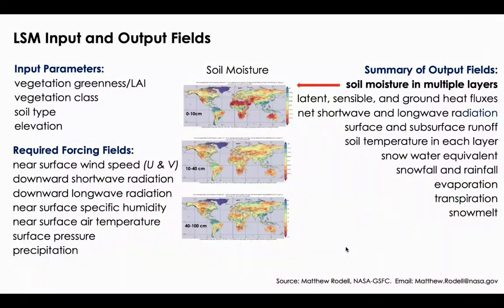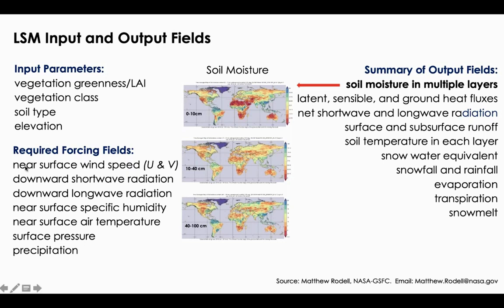For LSM to run properly, there is forcing required. And so some input parameters first, these are static parameters, semi-static parameters, but they provide subgrid scale information such as vegetation greenness or leaf area index, vegetation classes, soil type, elevation. These have to be provided for proper characterization of water and energy transfer.